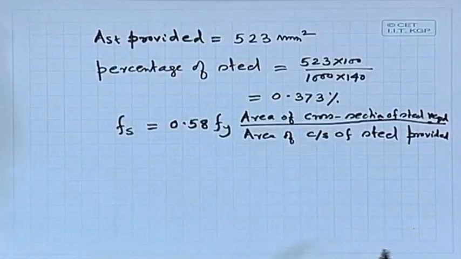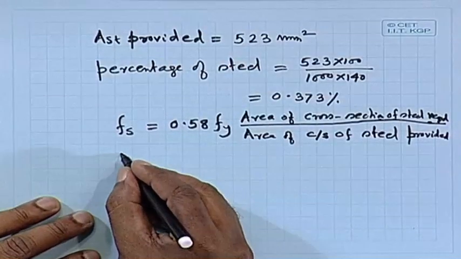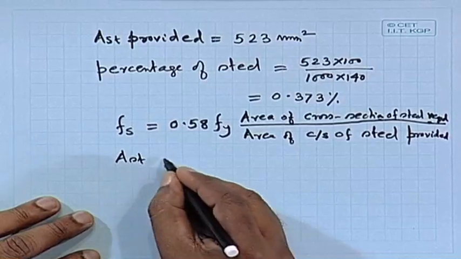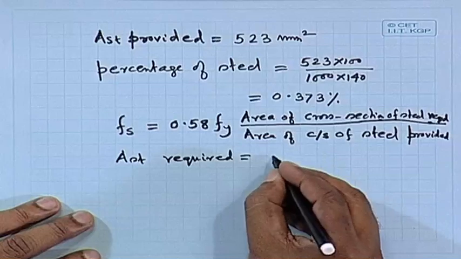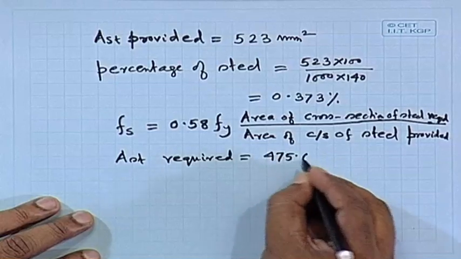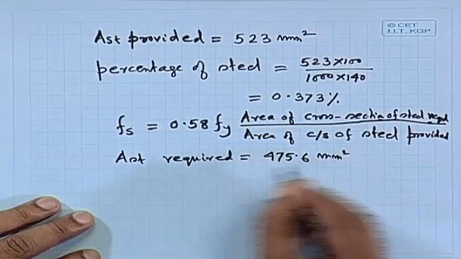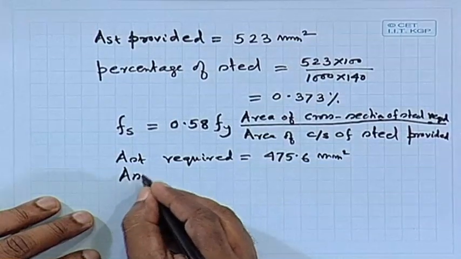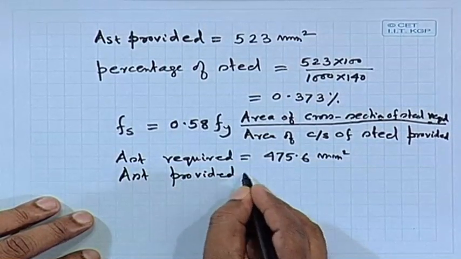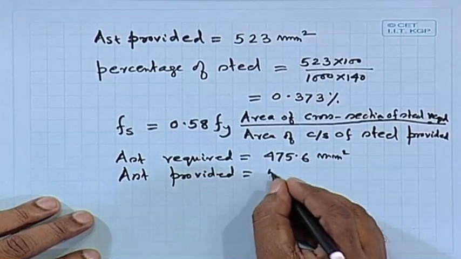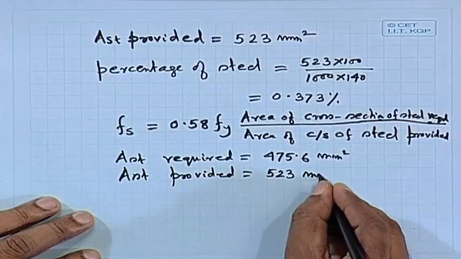So, let me write down clearly: AST required equal to 475.6 square millimeter, AST provided equal to 523 square millimeter.